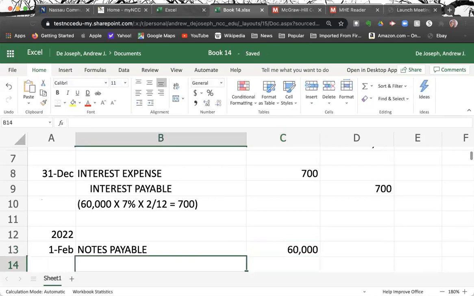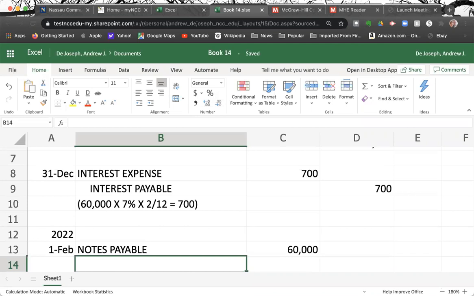Now, what I like to do right away, because this is something I used to make a mistake on when I was a student, and it used to drive me insane. I would know the interest expense, I would know the cash, I would know the notes payable, but I always forgot about that interest payable. I would forget about it because that was last year's problem, right? I'm not worried about last year, I'm worried about this year when I make this entry.